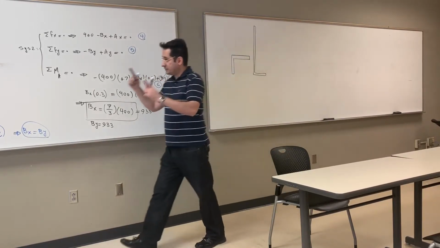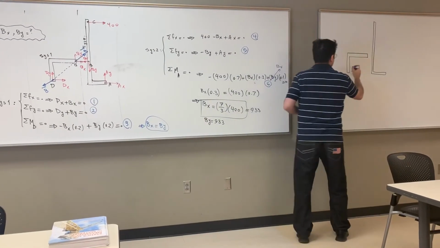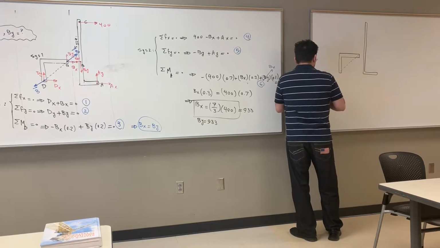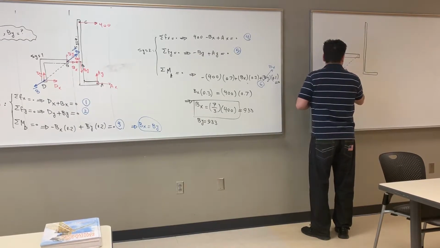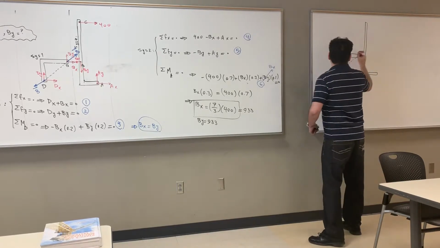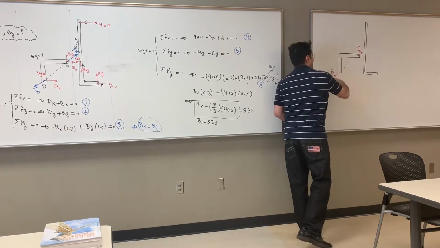So I said this is the two-force member. Then I just connect end to end, and my unknown force is one this way, one this way. Let's call it B, because it has point B. We have the same B going this way.